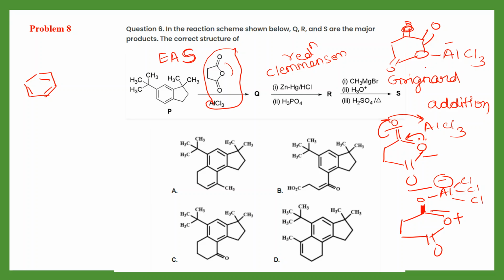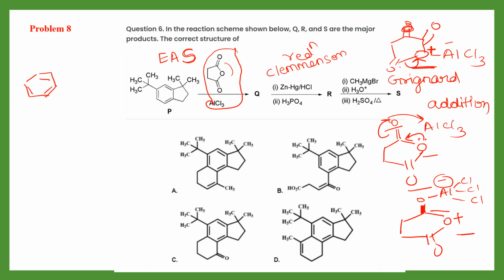According to you, which is more appropriate, this one or this? Then the first option. Okay, you are saying the first, and positive charge will come here. Yes, you are absolutely correct here. And then what will happen?